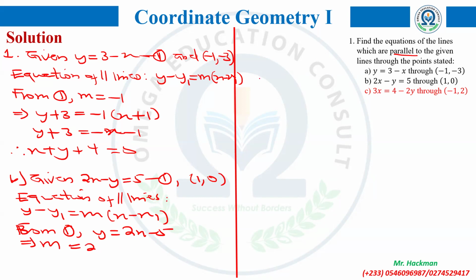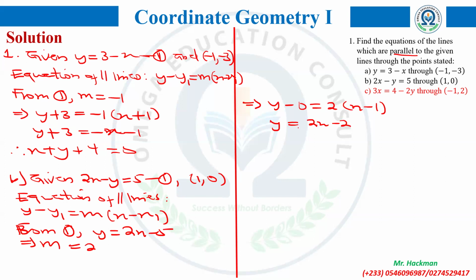So now, which point am I going to use? I'm going to use this point, x1, y1, and you know your gradient as well. So when you substitute, y minus y1, where y1 is 0, is equal to m, which is 2, times x minus x1, and x1 is 1. So you get y is equal to 2x minus 2.